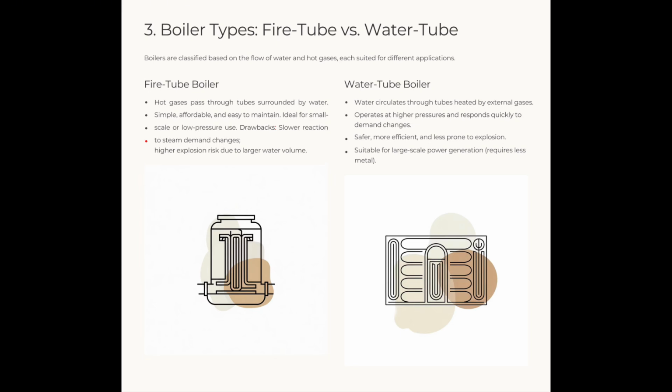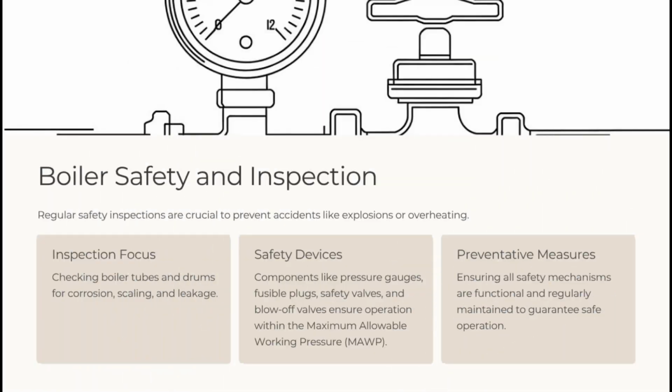Conversely, the water tube boiler, while safer and faster, operates at much higher pressures, meaning any weakness in its tubes or drums can lead to a rapid and violent failure. Therefore, the safety protocols and inspections are not just generic rules, they are tailored responses to the specific dangers inherent in each boiler's design.